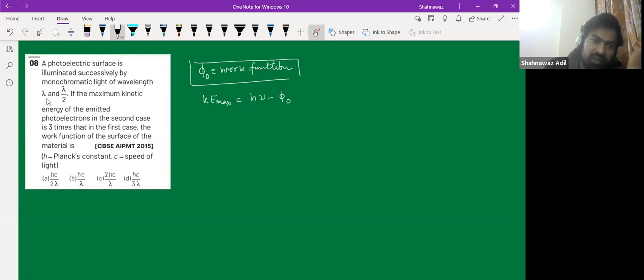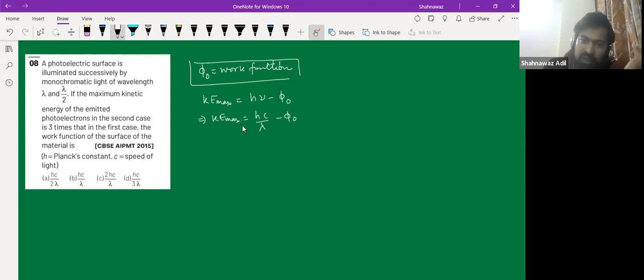But in here they have given the value of wavelength. Let us write that. So Ke max is hc by lambda minus phi naught.